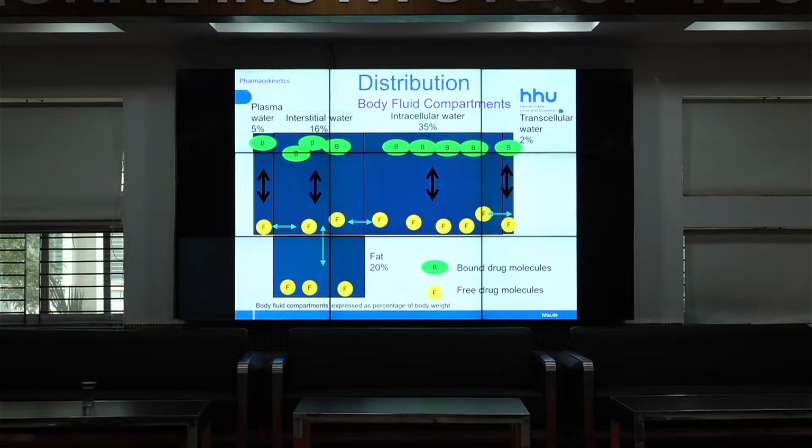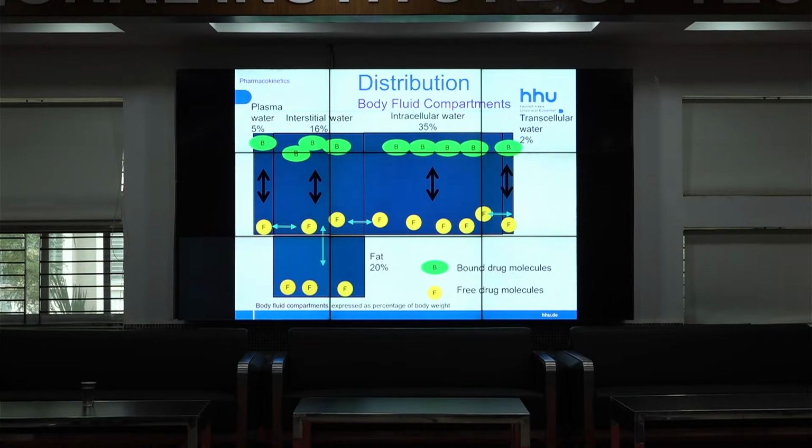And if you have a fast onset going into this compartment and you're having a low back distribution, so off phase, into this area, then your compound would get a much higher concentration in the fatty compartment because of the large onset and the low offset in these different compartments.